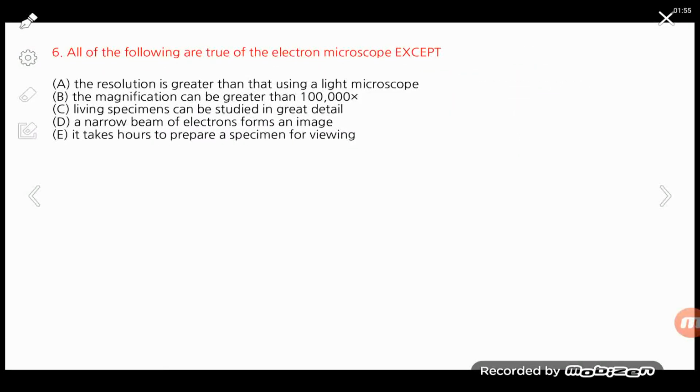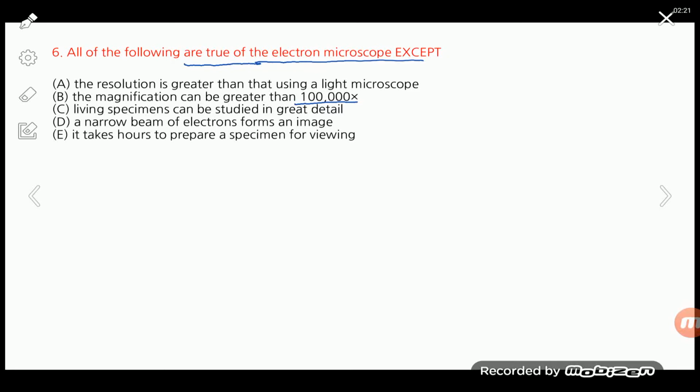So we have: all of the following are true of the electron microscope, except. You know that electron microscopes magnify the images for us about 100,000x. They are magnifying the images that we cannot see by the light microscope.